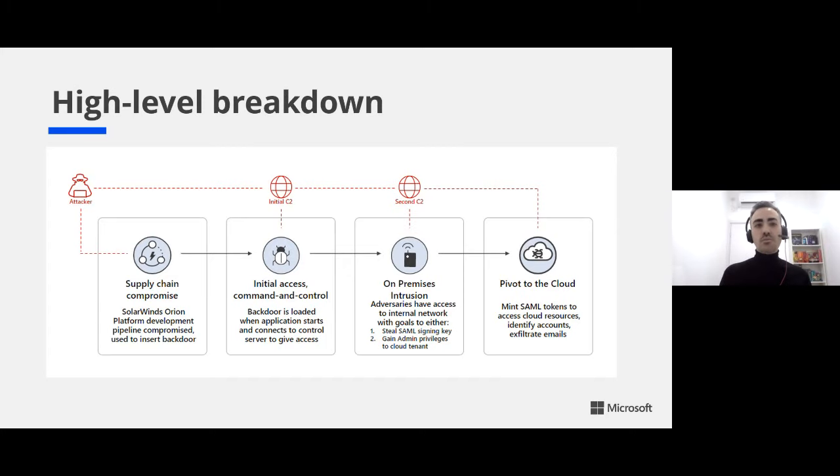Orion is a platform that is used by admins and strong users in the network to manage and control the environment. From that, you can figure out that this kind of platform already has a strong foothold within any company that implemented it into their organization.